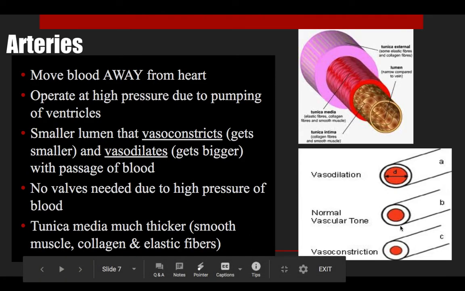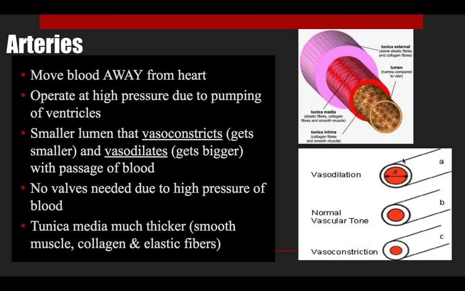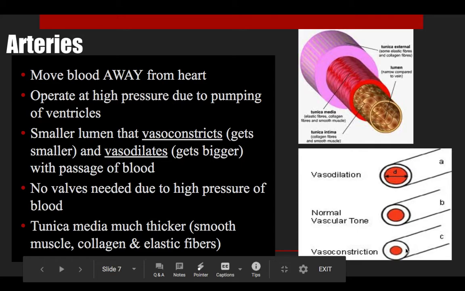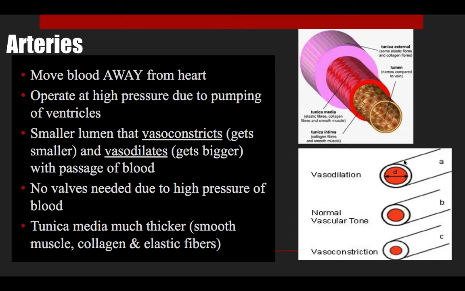So here you can see this is what normal vascular tone looks like, but if it's activated by the sympathetic nervous system, then some blood vessels will vasodilate to feed the parts of your body that need it with more blood, and other blood vessels will vasoconstrict so that you're shunting blood away from parts of the body that don't need it towards parts of the body that do need it when you're under high stress.